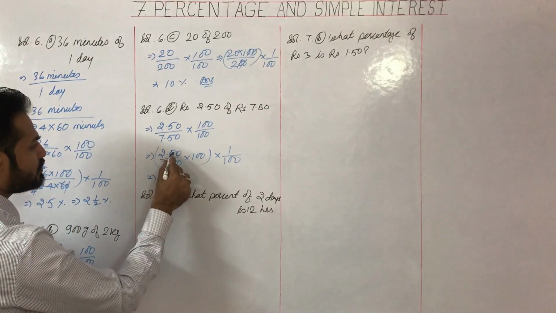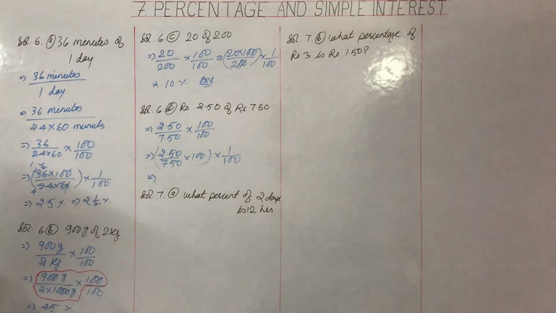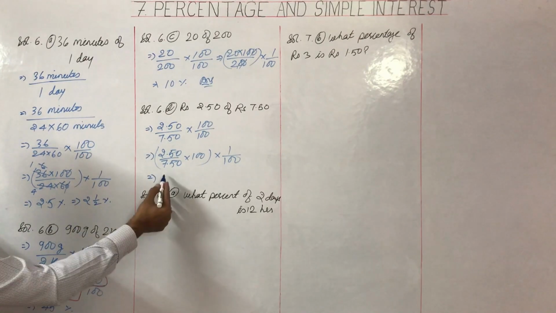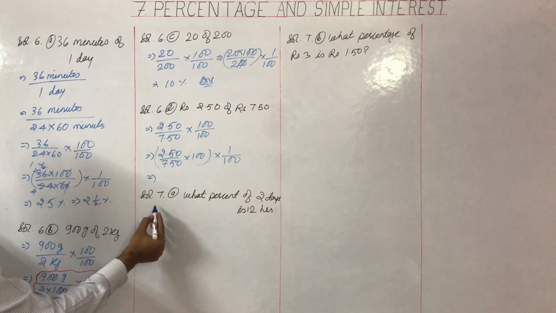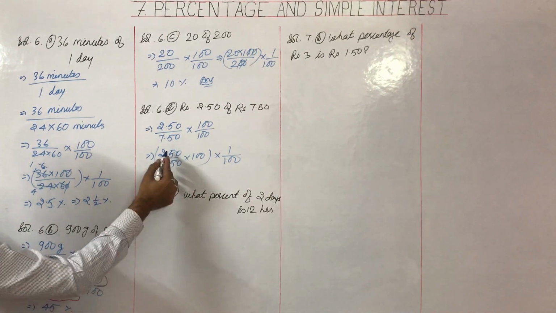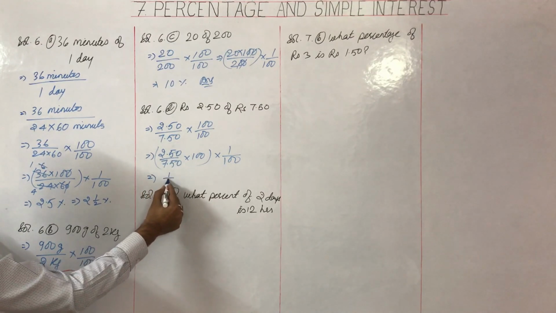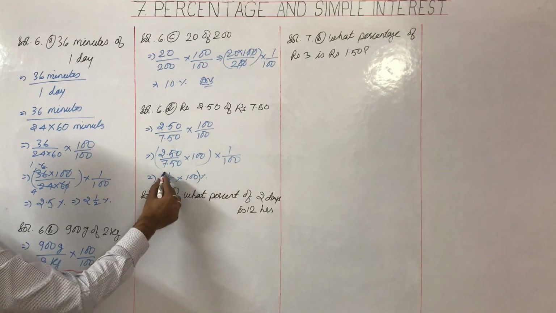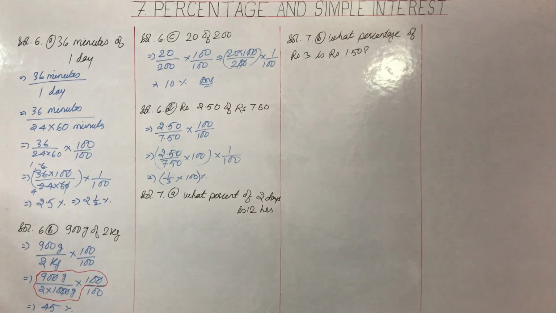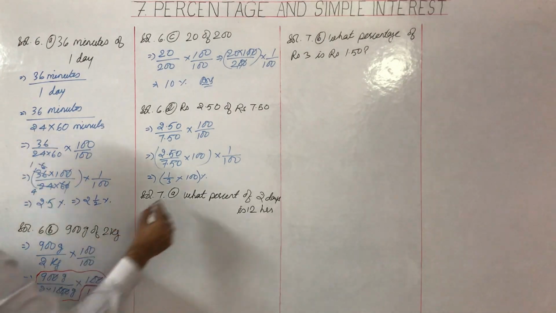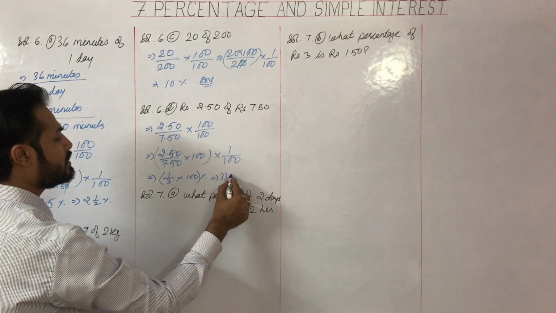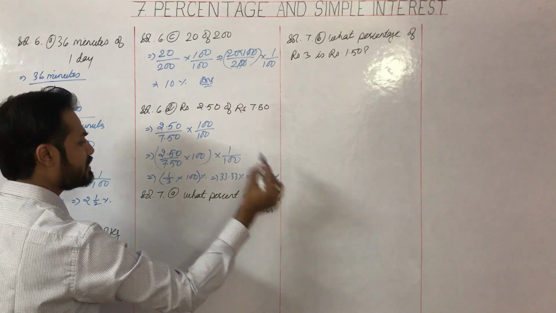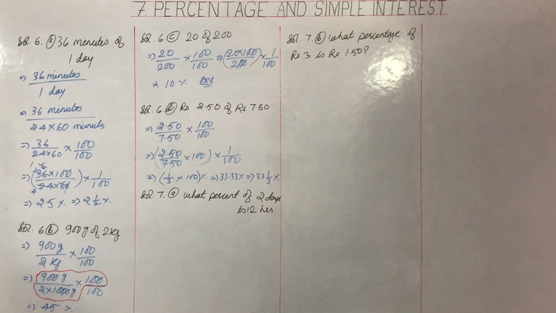So 1 by 3 into 100, this much percent, or 100 divided by 3 is 33.33%, or we can write 33 1/3%. This is the final answer.